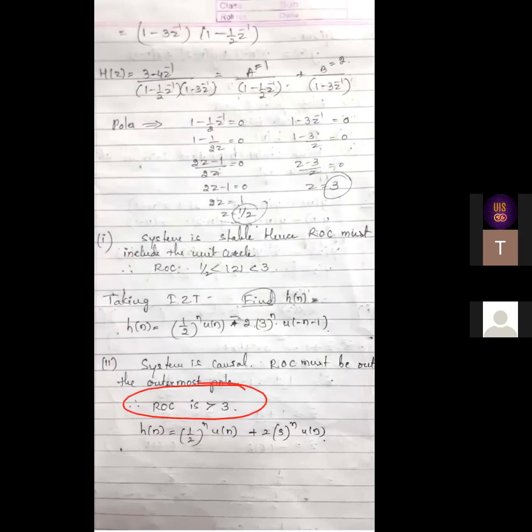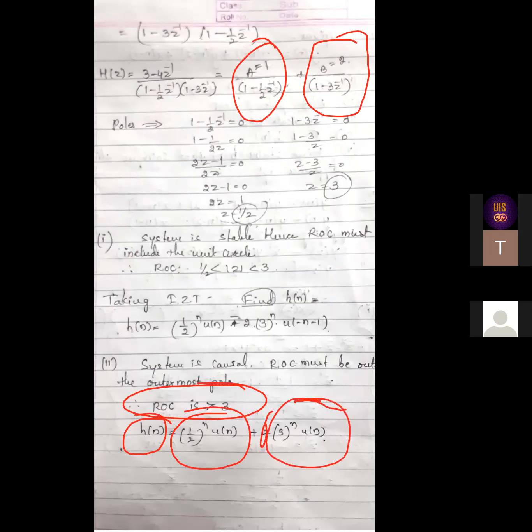ROC is this, and H of n will be 1 by 1 minus alpha z inverse. Alpha is half raised to n U of n. Then 2 divided by 1 minus 3 z inverse. Alpha is 3. 2 into 3 raised to n U of n.